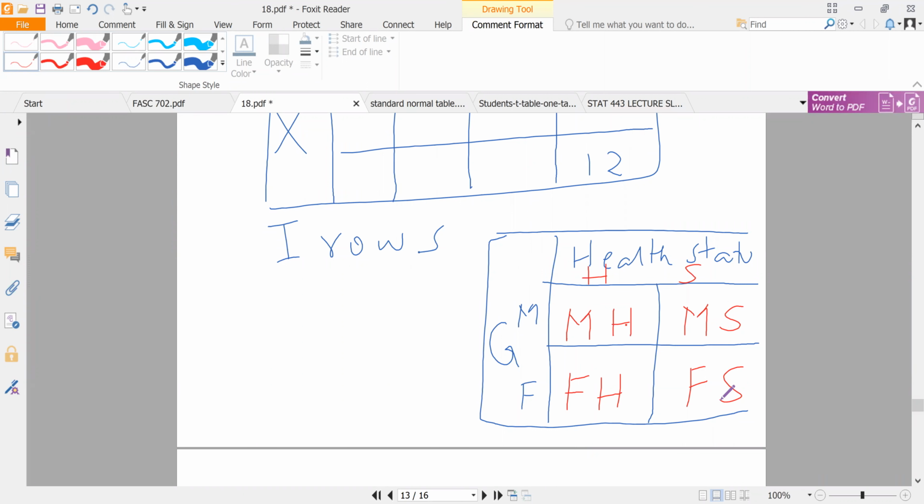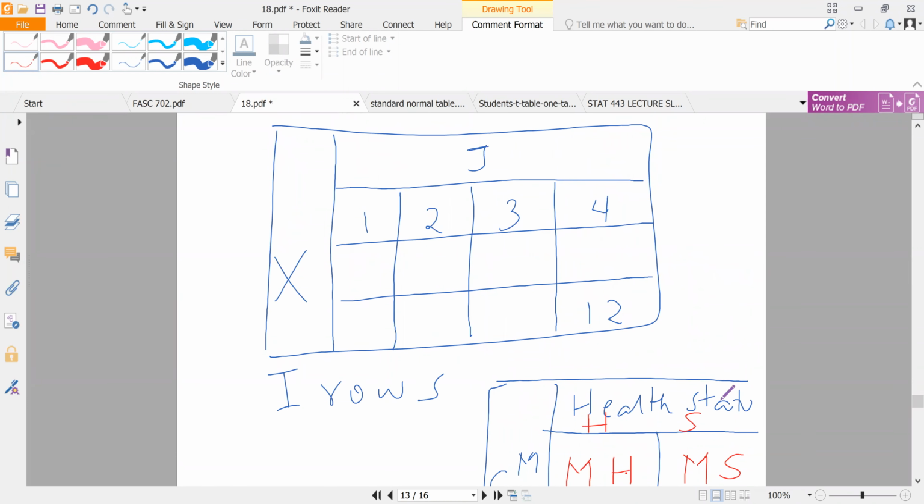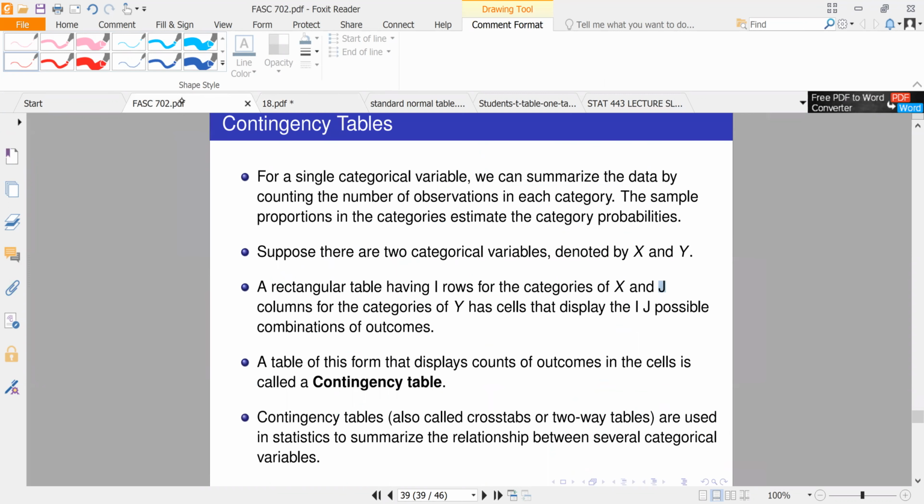And we are saying that variable X will have I rows, and variable Y will have J columns. And the cells will consist of all possible combinations that can be a result of what you observe.